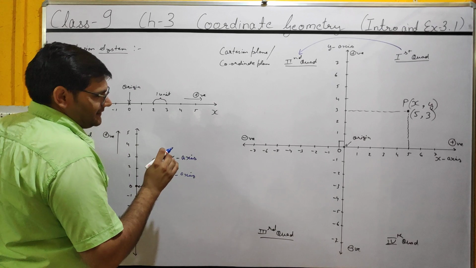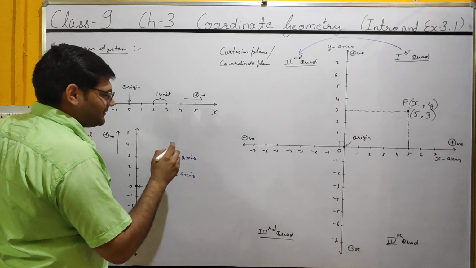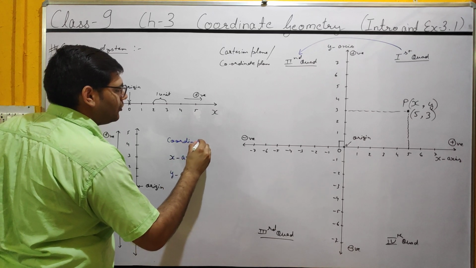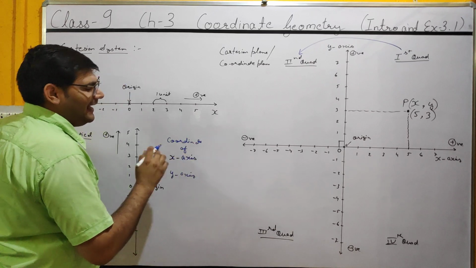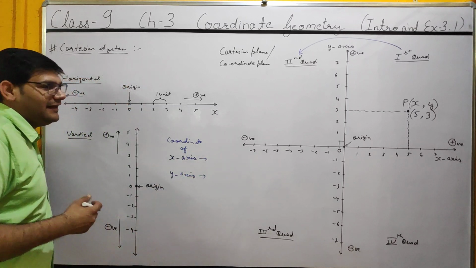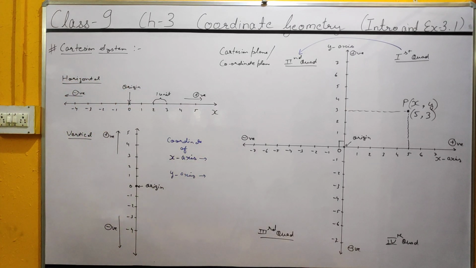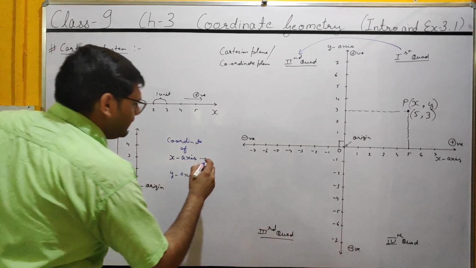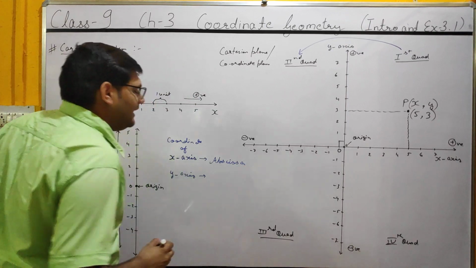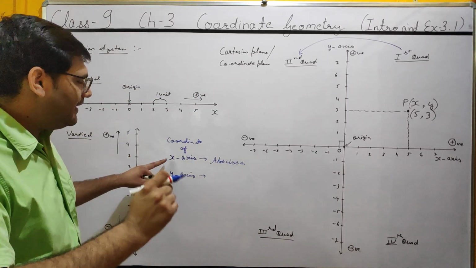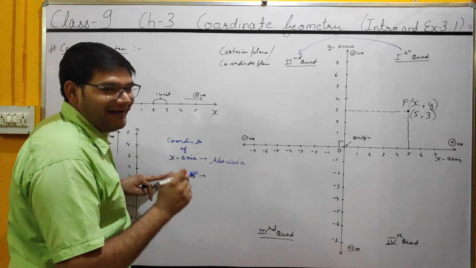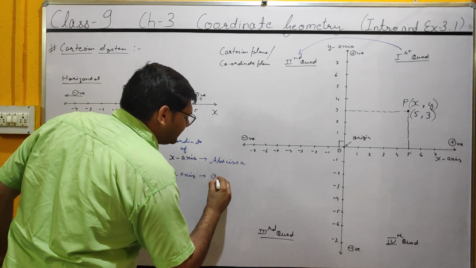The coordinates of x-axis and coordinates of y-axis, there is a separate name given. The coordinate of x-axis we can call abscissa, and the coordinate of y-axis we can call ordinate.